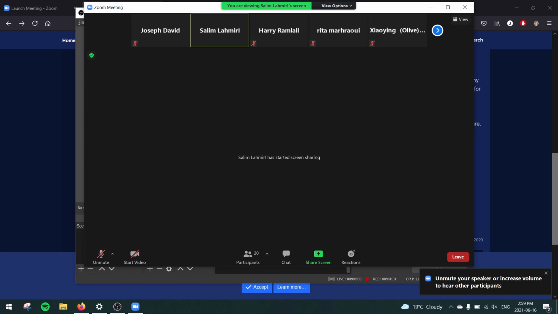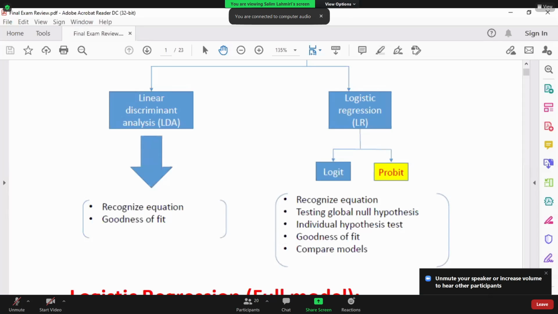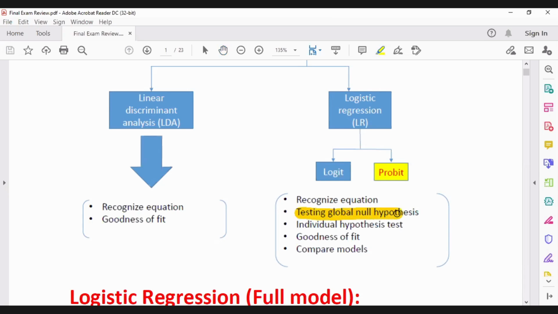you need to look at the Wald statistic. This is Wald W, sorry. The Wald statistic is testing the null hypothesis that all coefficients are equal to 0, versus the alternative that at least one of the coefficients is different from 0.